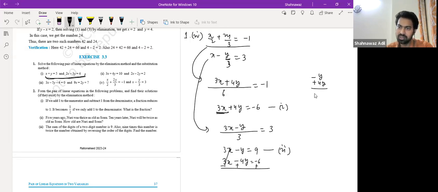Because 4y minus y, how much is that? 3y. So this is exactly the same, 4y minus y is 3y. So 3y equals 9 plus 6. Right.